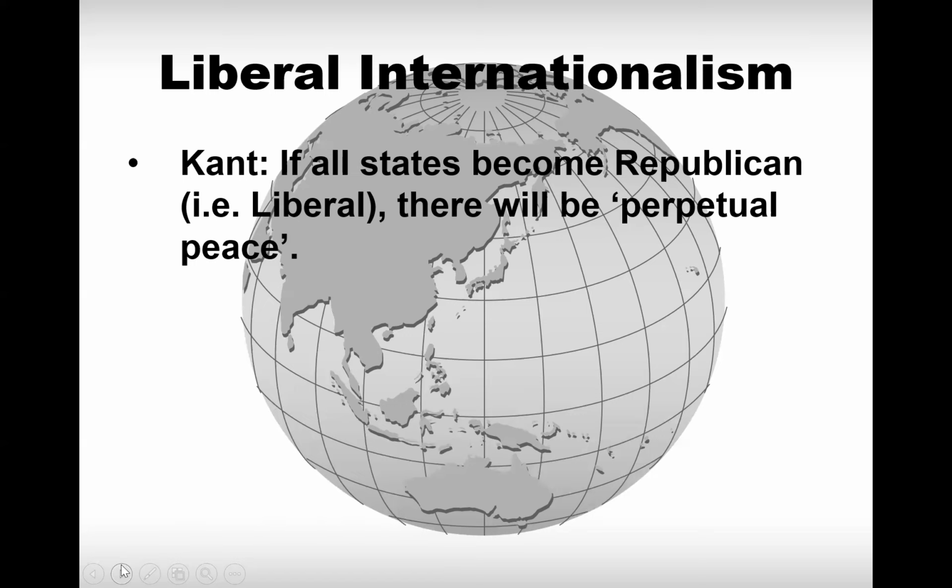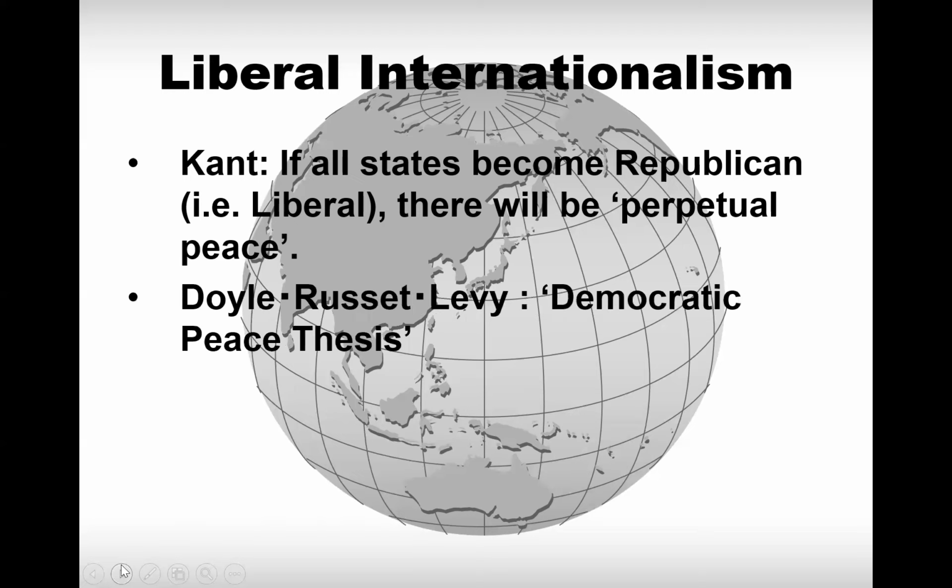There would be perpetual peace, meaning everlasting peace. Now, in the late 20th century, liberal theorists writing during the last days of the Cold War and the post-Cold War era understood Republican as liberal. And they argued that if all states would become liberal, there would be perpetual peace. This gave rise to a thesis, meaning a theory.